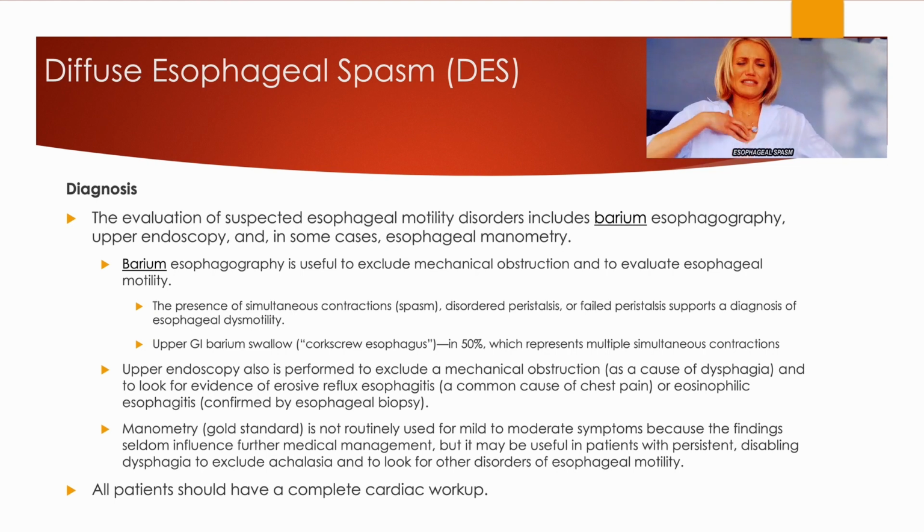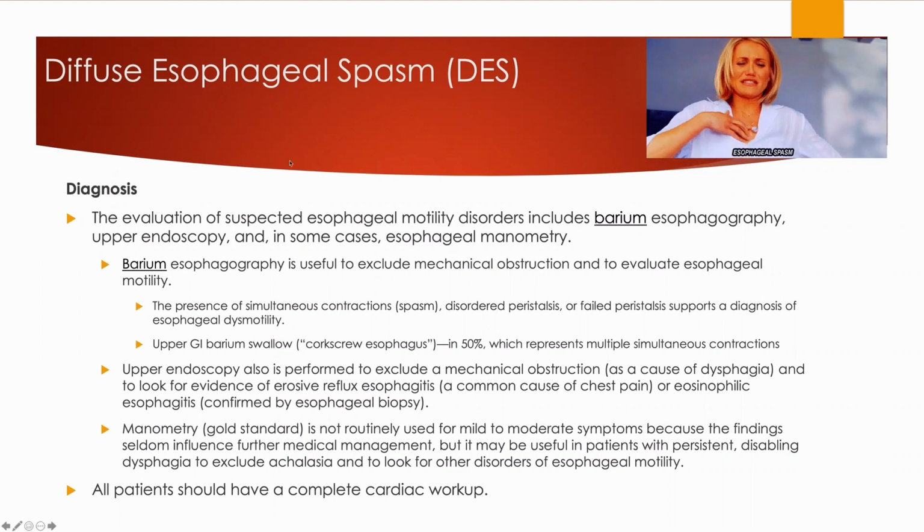Upper endoscopy we do to exclude other things like mechanical obstructions, cancer, erosive esophagitis, and eosinophilic esophagitis. So the upper endoscopy is not to diagnose the DES, but to rule out other things that could be present. And then again, just like with achalasia, manometry is the gold standard, although it's not routinely used for mild to moderate symptoms because it doesn't really change the management in this case.